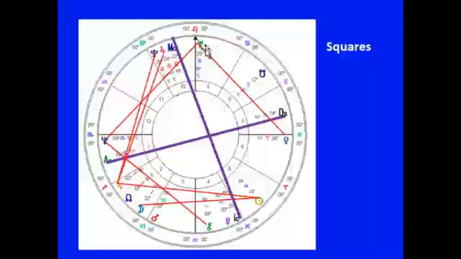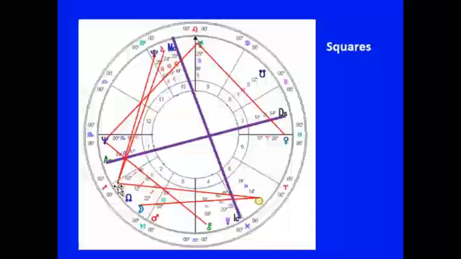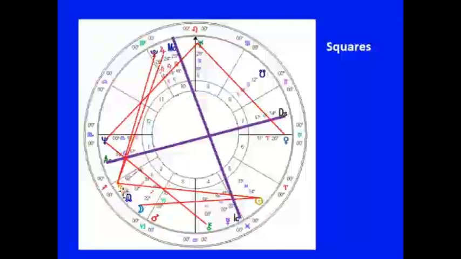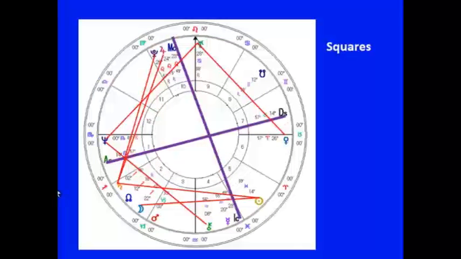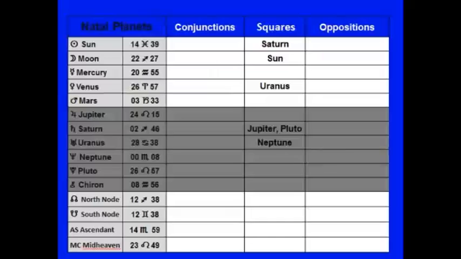Now, again, the Uranus square to Neptune isn't in the same modality, and neither is the Jupiter Pluto square to Saturn, but they're more closely aligned to that 90-degree angle. So let's now look at how we would write the squares on the chart.